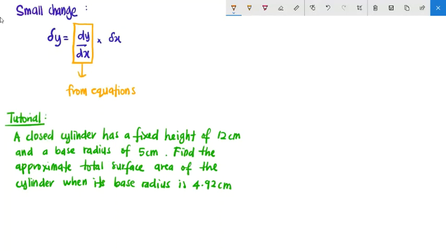A closed cylinder. Cylinder tertutup. Tertutup means dia ada cap, top and bottom cap. Has a fixed height of 12 cm and a base radius of 5 cm.